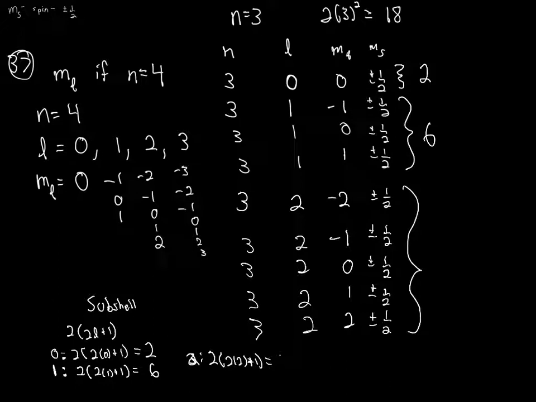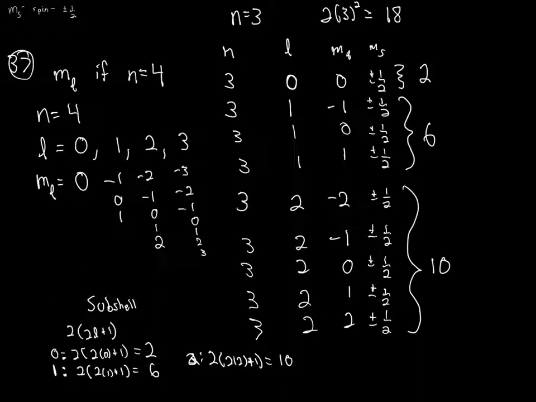So I want 10 electrons. Do I have 10 electrons? How many here? 2, 4, 6, 8, 10. So I got all my subshells, and if I add up all the electrons, 10 plus 6 plus 2, I get 18. So it all works out consistently.